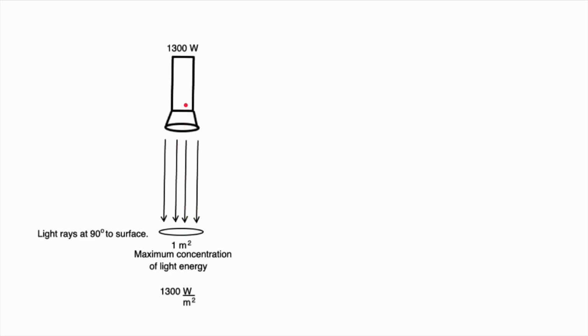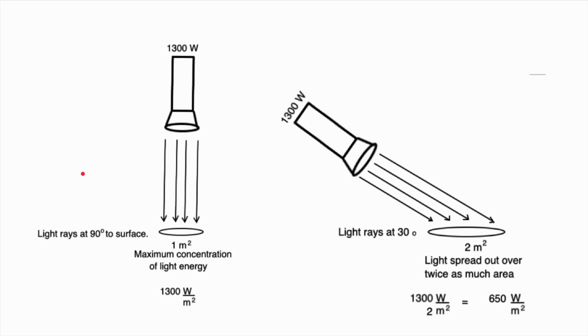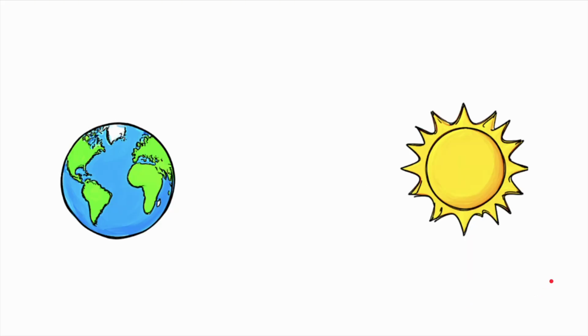But if I then tip it at 30 degrees, what I'll find is that spot is now going to be 2 square meters instead of 1 square meter, and that means each square meter is going to receive half as much energy. So instead of it being 1,300 watts per square meter, it's only going to be 650 watts per square meter.